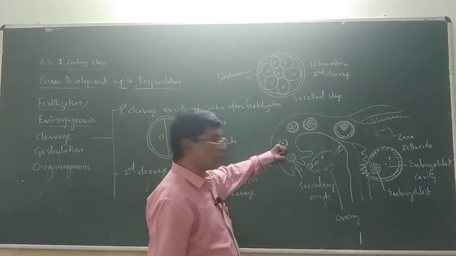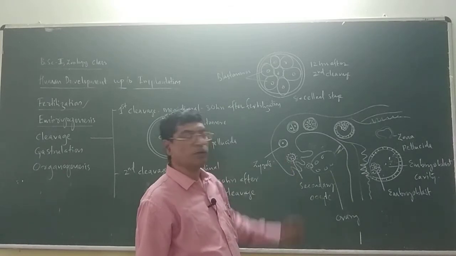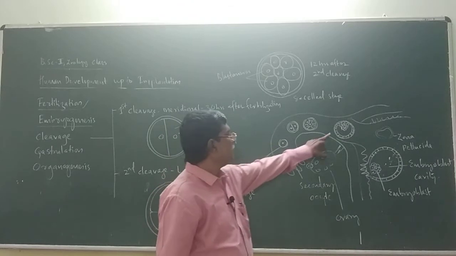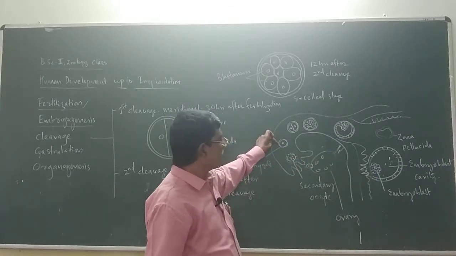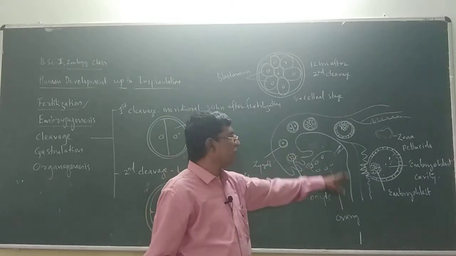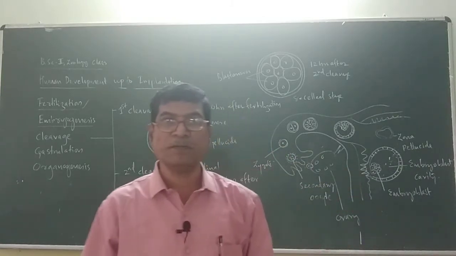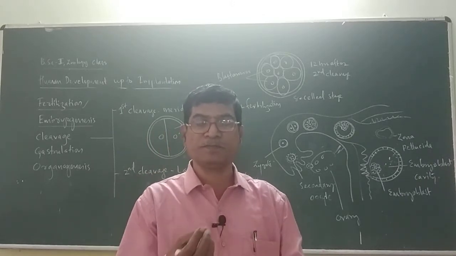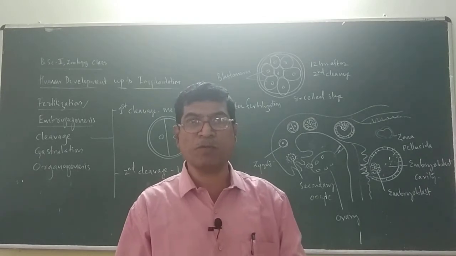That ovum is taken into the fallopian tube, and this is the isthmus and ampulla. When it comes here, the sperms enter. At that time, if coitus or intercourse occurs, the sperms are released just nearby the cervical opening.